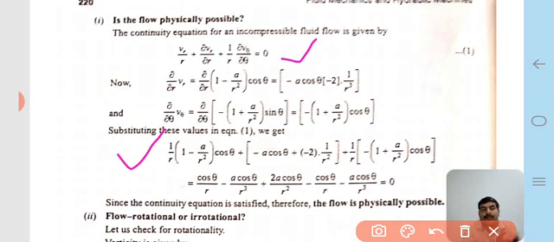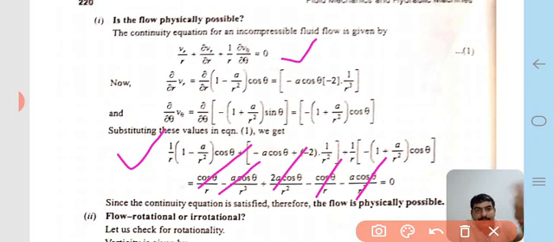Solving and rearranging, we get cos theta upon r minus a cos theta upon r cube plus 2a cos theta upon r square minus a minus cos theta upon r minus a cos theta upon r cube, all equal to 0. These terms cancel out.